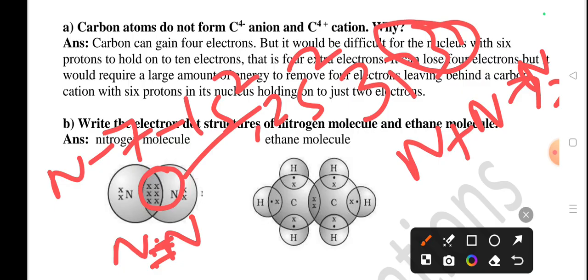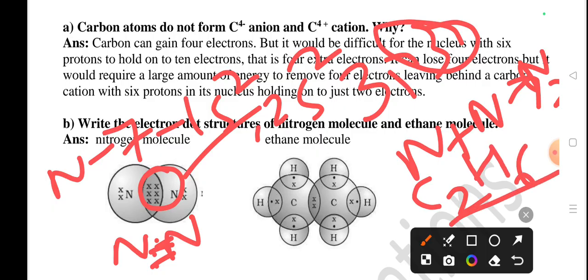In the same way, ethane, C2H6. I think it's ethene, not ethane. Ethane, what? C2H8? H6 will occur. Okay, right, ethane only. C2H6, 2 carbon atoms are there, 6 hydrogen atoms are there.